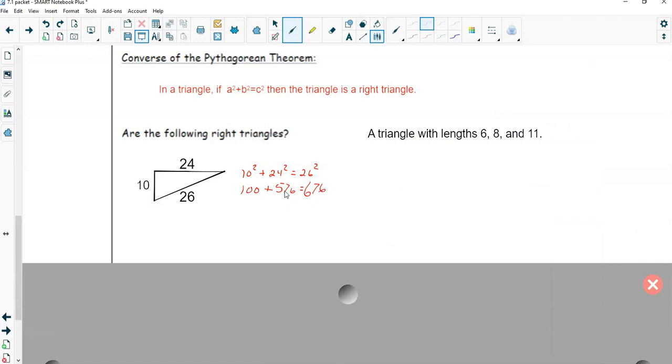Now notice that 100 plus 576 is 676, and that equals 676. So yes, it is a right triangle.